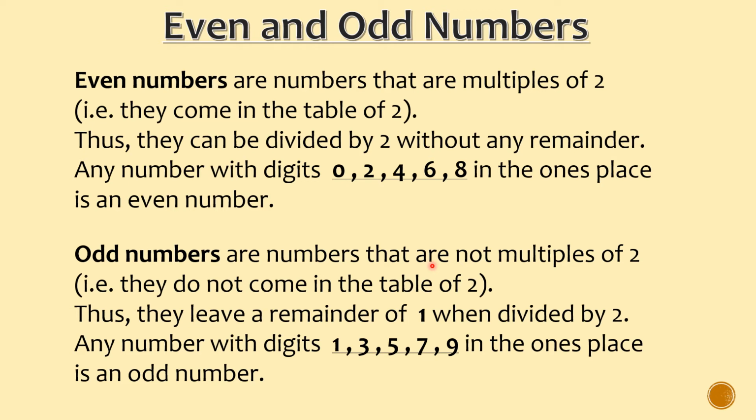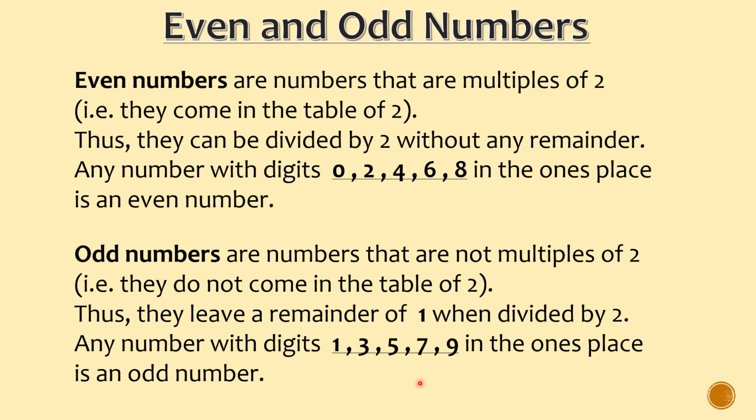So when they are not coming in the table of 2, that means whenever you are dividing them by 2, they will leave a remainder of 1. Odd numbers always leave a remainder of 1. So any number with digits 1, 3, 5, 7, 9 in the ones place is odd.